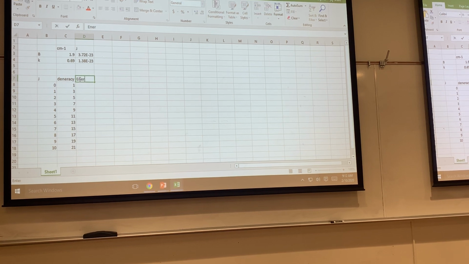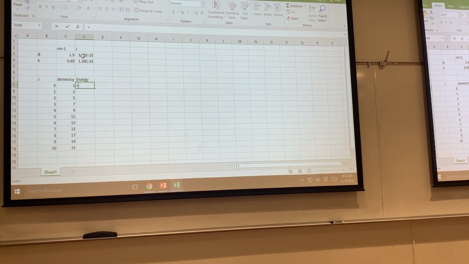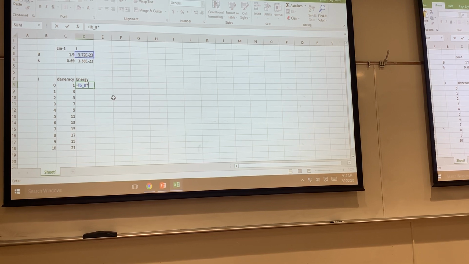Then the energy of the state is given by B, and we do it in joules, and I defined that already over here, times J times J plus 1.